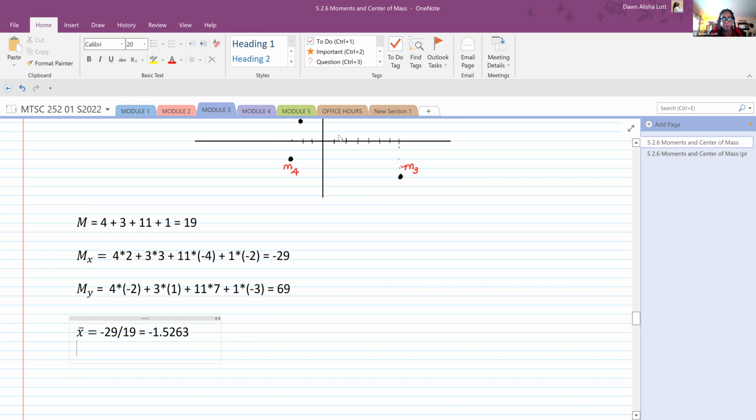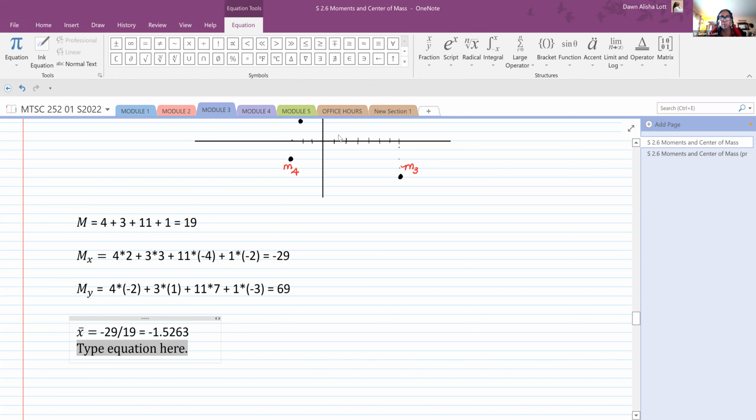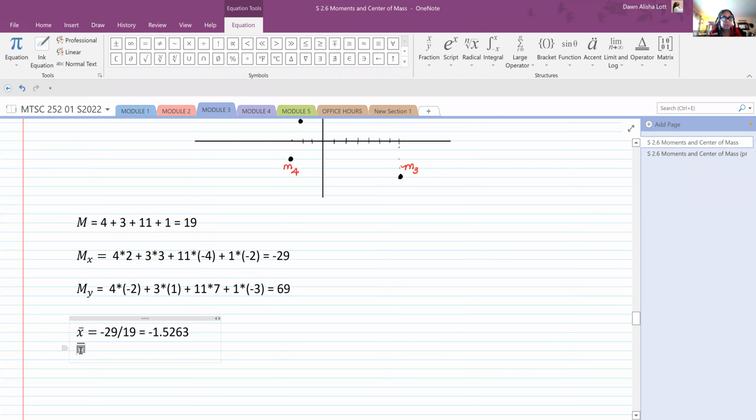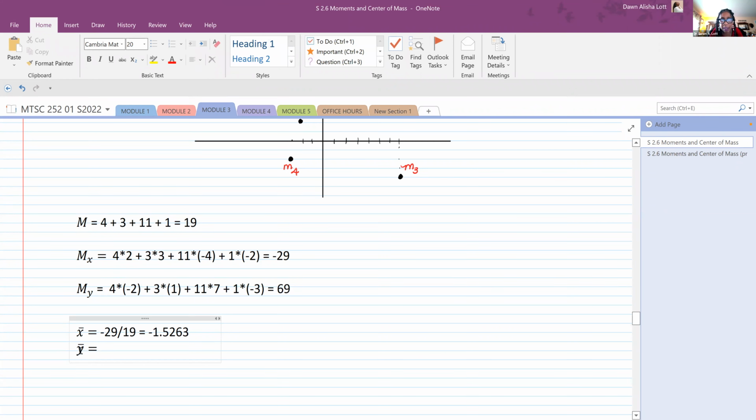And our Y bar is going to equal 69 divided by 19. That's a big number. Whoa, not that big. 3.6.